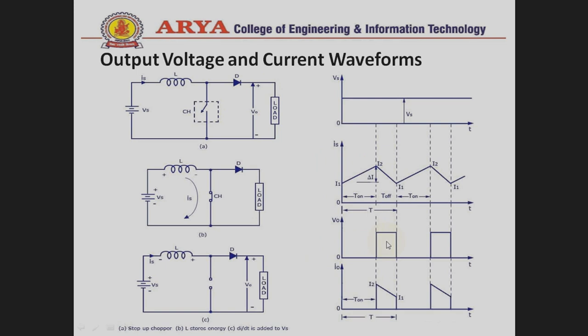That's why the waveform is present only during T off time period, and the output voltage shows the negative flow. It means the current flows from the load to source.